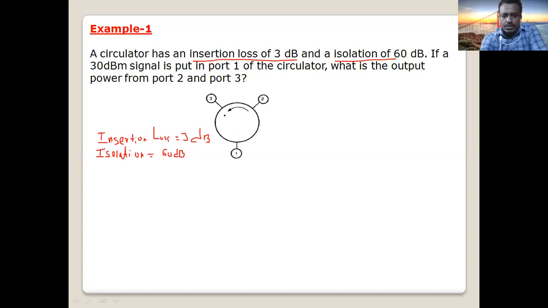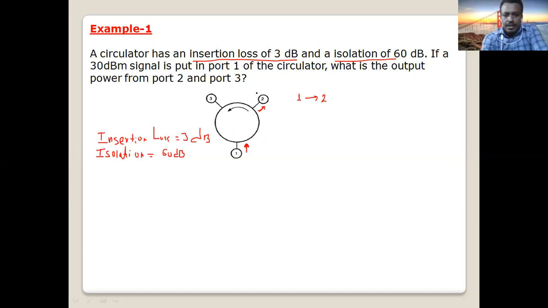When a signal comes at port number 1 as input, where will be the required destination? Because this is anti-clockwise, it should go to port number 2 as the output.